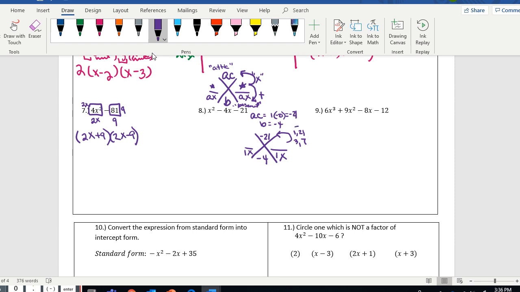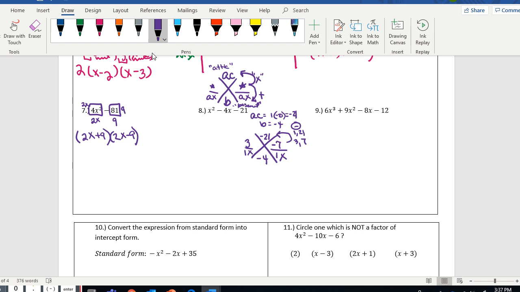Now it is negative, so I've got to remember that I'm going to subtract these instead of add them. All right, so subtracting 3 and 7 would give me a 4. I do want it negative, so I'm going to put 3 and 7. The fact that it's negative means the bigger number is negative to give me negative when I add these two together. It makes it a subtraction technically.